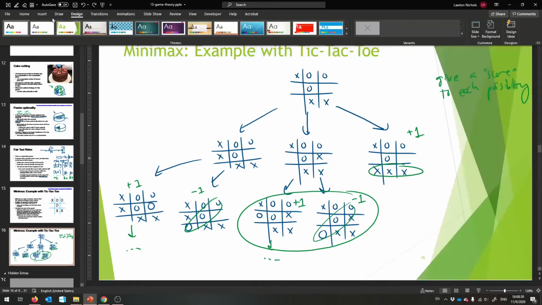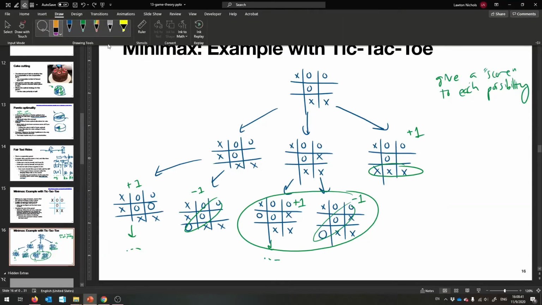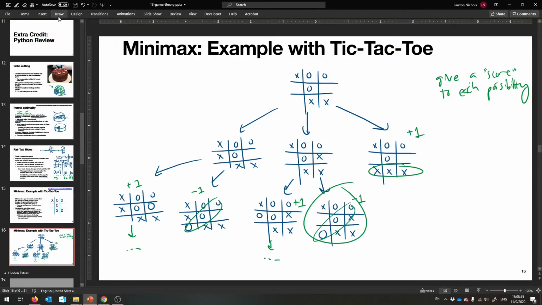Therefore, you know that they're always going to make the winning move for them. So that means the answer is the minimum of all of these, which is -1. A score of -1 for this whole example. Okay, and again, the opponent's about to minimize their choices, so the score for this scenario should be -1. Okay, that's the idea.